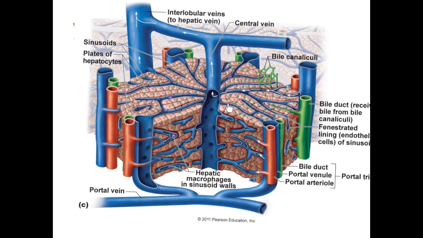They pour their blood into the blood sinusoids, and then this blood at the center is collected by the central vein. And then the central vein will collect this venous blood to what is called the interlobular veins, to the hepatic vein that will pass from the porta hepatis. So this is the drain of the venous blood.